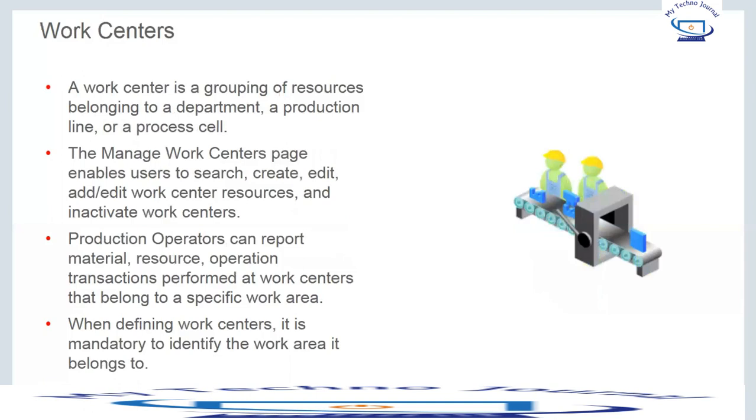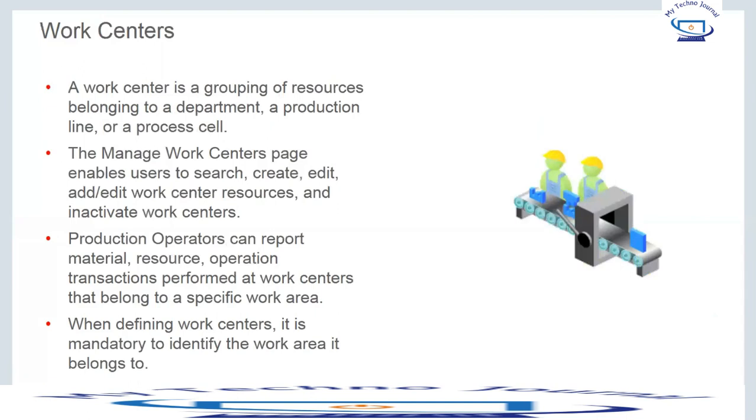The work center, as we said, is nothing but a department, and you have different resources in it. Within my assembly work center, I have different kinds of resources. Within my packing, I have different resources, maybe the same or different. Within my quality and testing, I may have different resources, both human and equipment. So a work center is a grouping of resources belonging to a department, a production line, or a process cell.